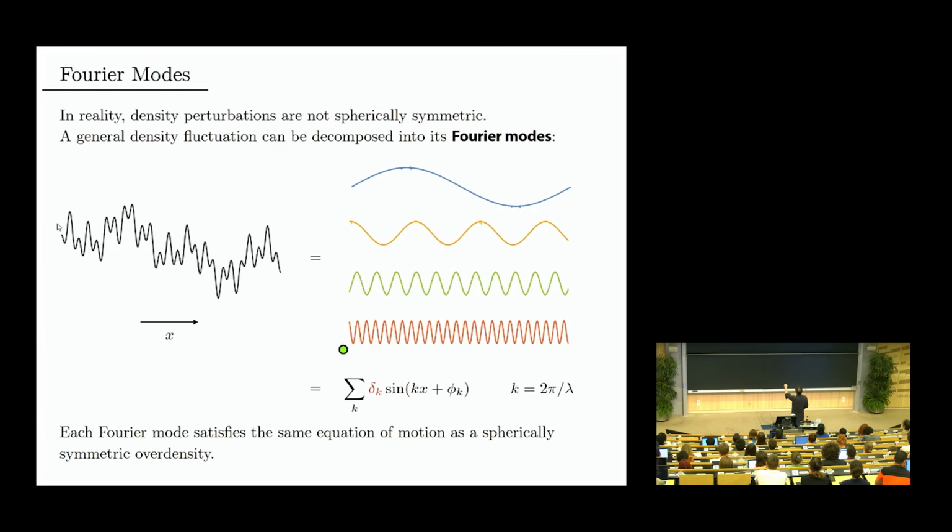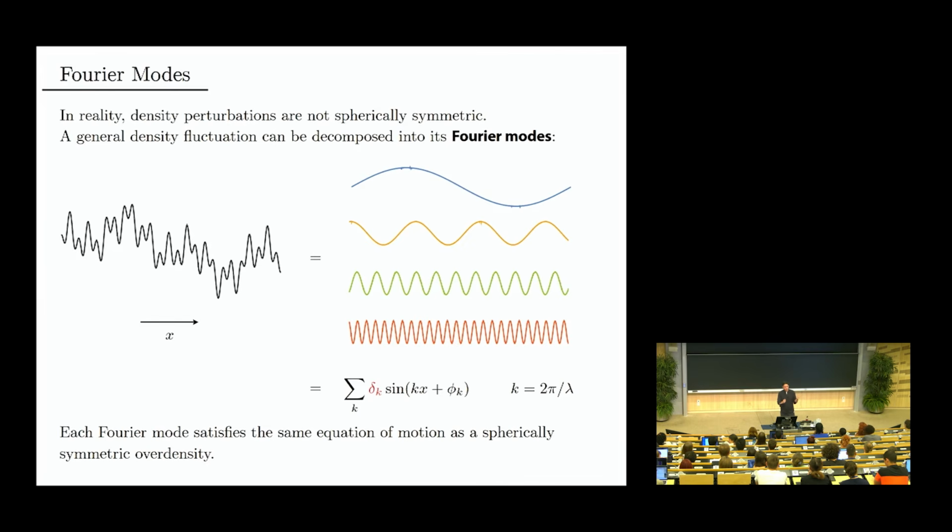And then we have the density contrast delta of x represented by an infinite number of density contrasts delta of k, where k is the wave number, inverse of the wavelength. It turns out that each of these delta of k does satisfy the equations of a spherically symmetric mass distribution, just because the universe is statistically homogeneous and isotropic, and that gets reflected in the Fourier components. So we can import these equations, which I've not shown you, but you can see in the appendix if you're curious.